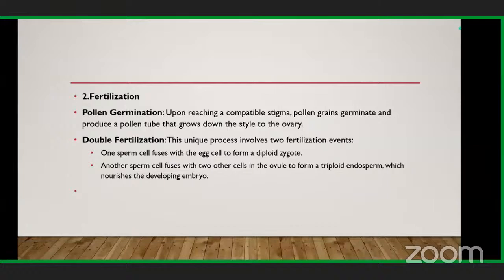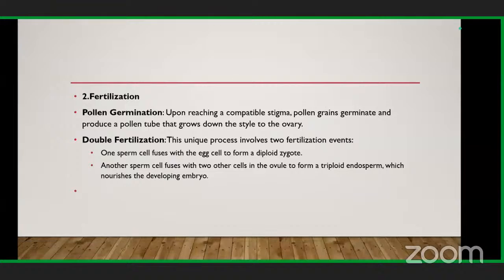Suppose there is hibiscus, there is rose, sunflower, and more. Suppose there is a female part, a female pistil, in a flower. In that female pistil, never think that only the male gametes, meaning the pollen of that same flower, will come.